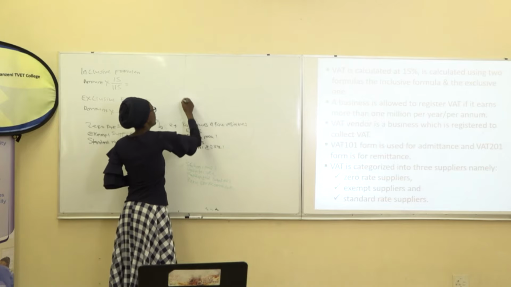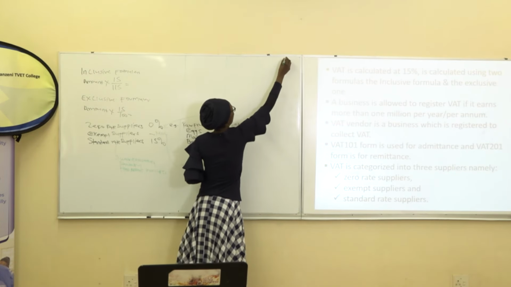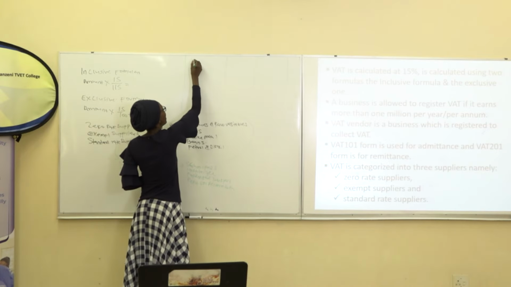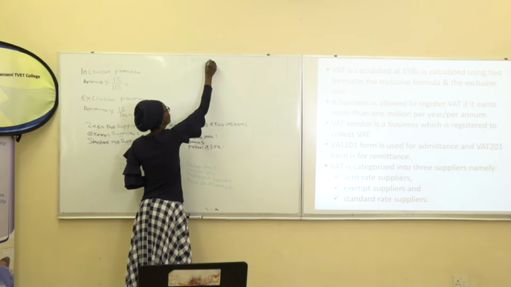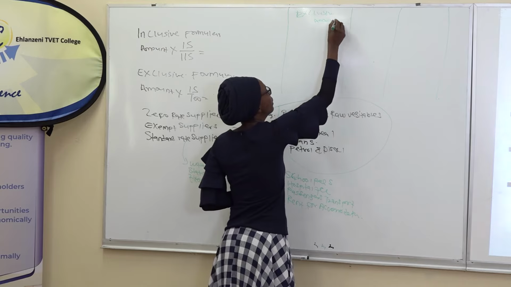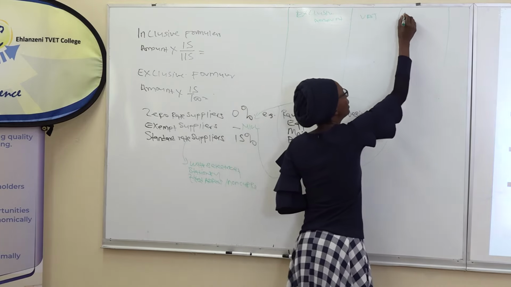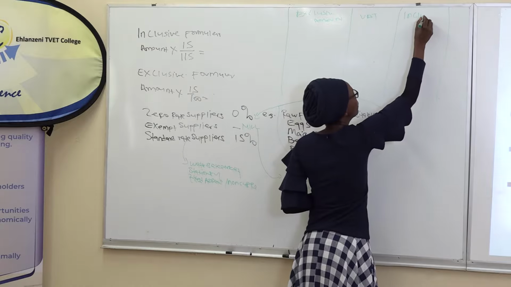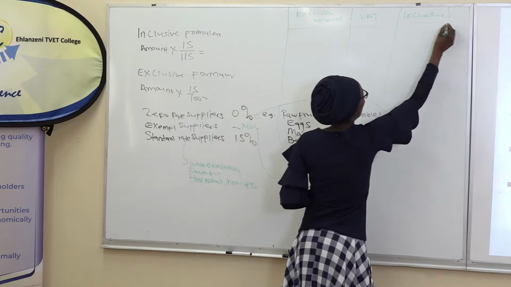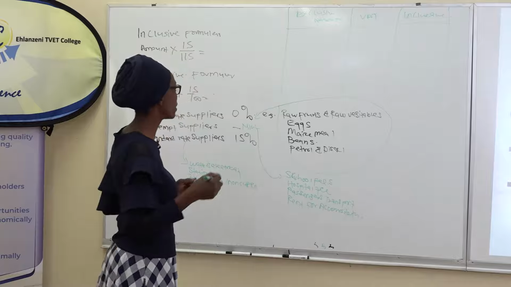Let's take, for instance, we have been given a statement like this. It consists of 3 columns. Here is an exclusive amount. Here is a VAT. Then here is an inclusive. Then they used to give you amounts and you have to calculate.